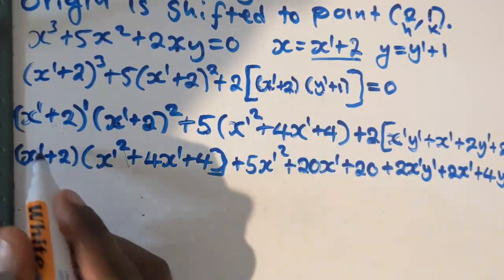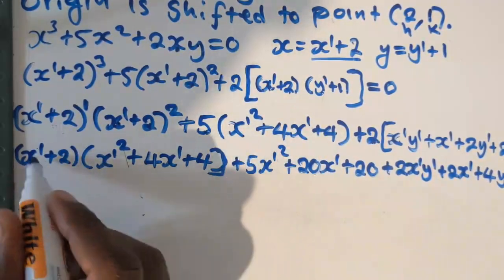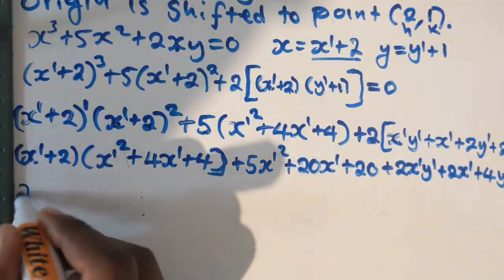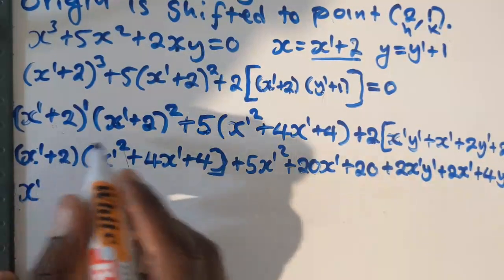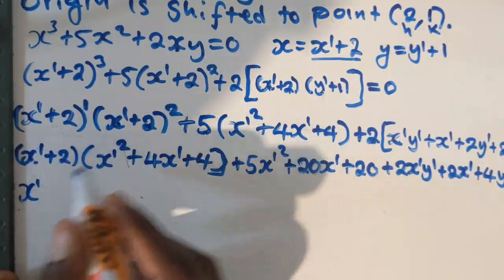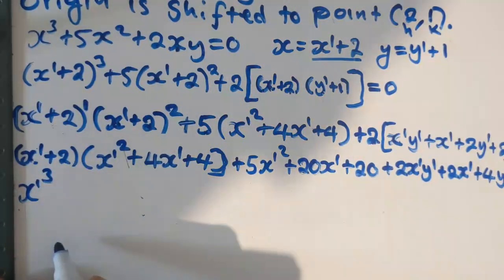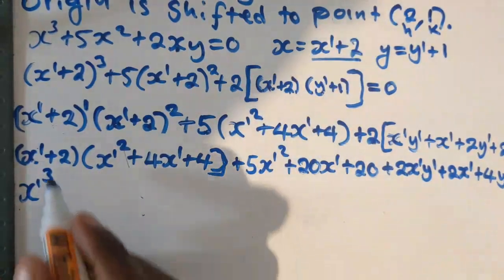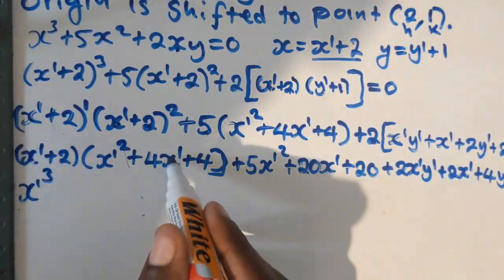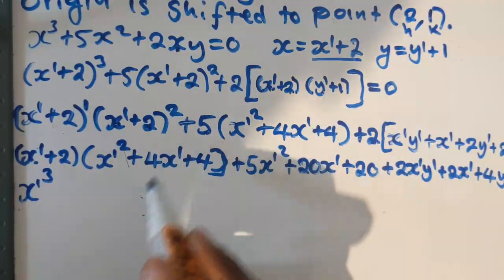So x prime times x prime times x prime to the power 2. You're going to say it will be x prime to the power 3, because this is power 1, power 1, power 2, so it will be to the power 3. You're adding the powers. Then this is x prime to the power 1, and this is 4x prime to the power 1.